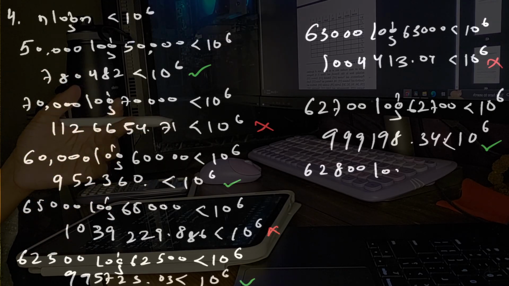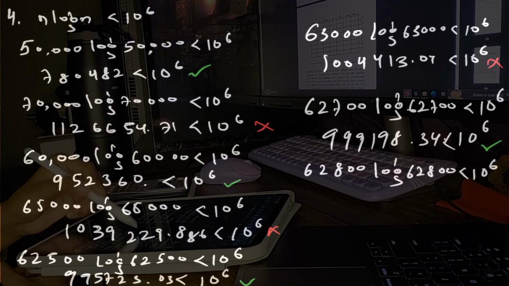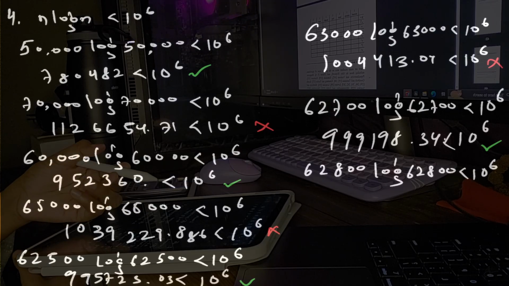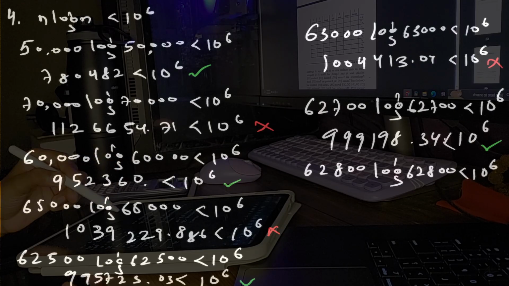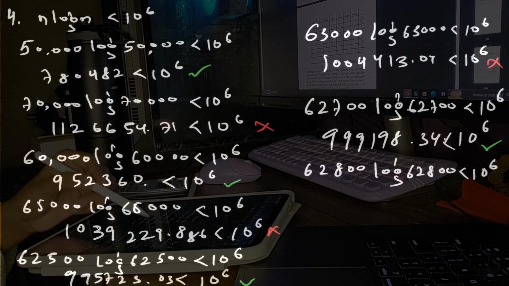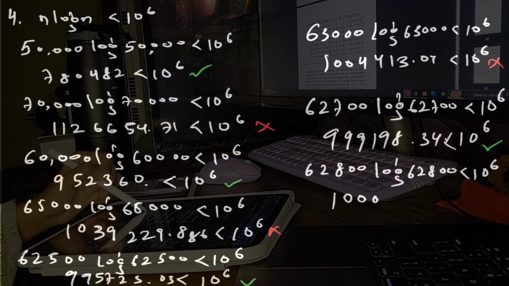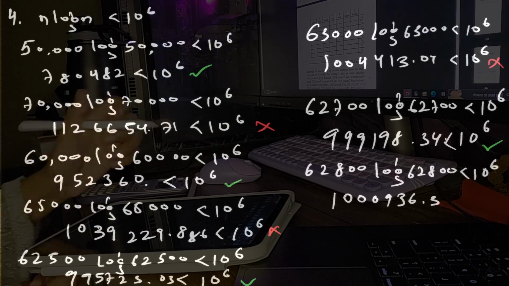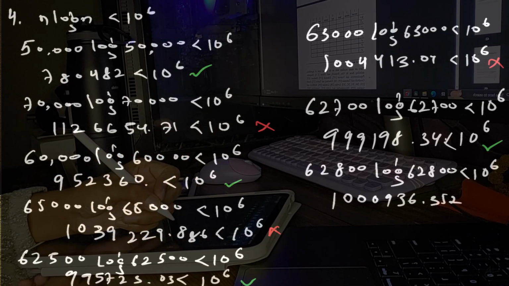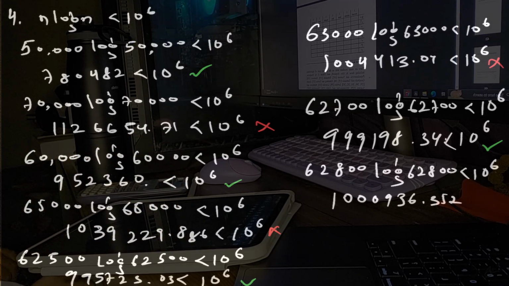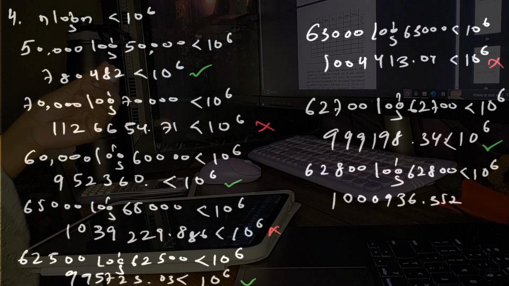62,800: is it less than 10 to the power of 6? So we'll see log of 62,800 divided by log 2, multiplied by 62,800. It is 1,000,936.352.